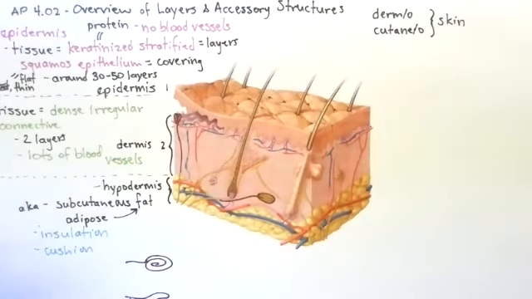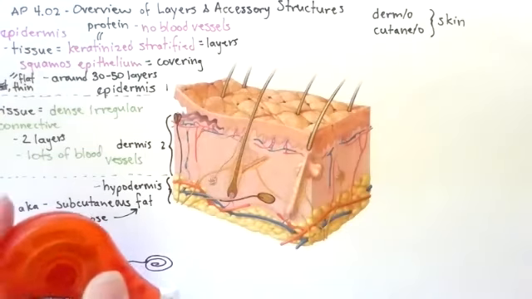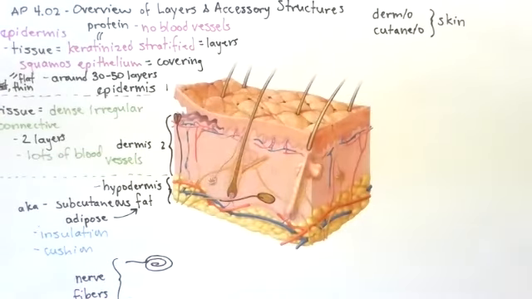These are nerve fibers. And we talked about in lesson 4.01 that, oops, I lost one of my nerve fibers. Let me redraw that. We talked about the fact that your integument serves as a sense organ.